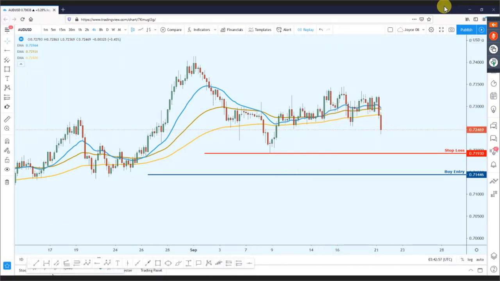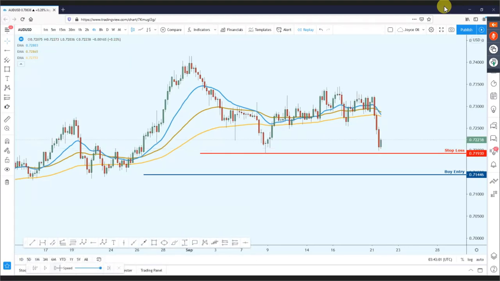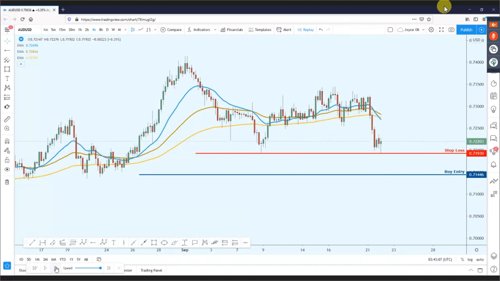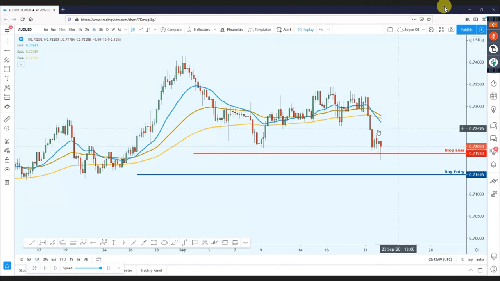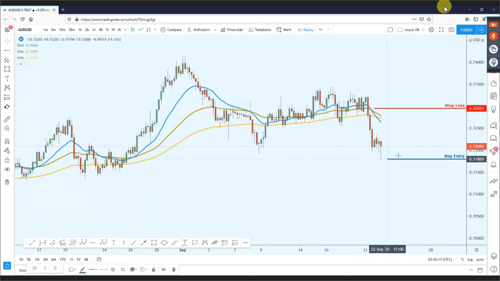So let me continue playing. Okay, so we first see our blue river coming close to the golden, and then it closed beneath it. So right now with all this area in the middle, the white river shows us this is not a very good entry. So we wait.